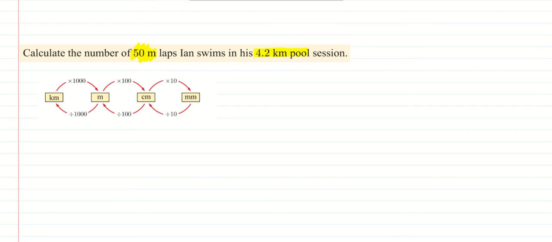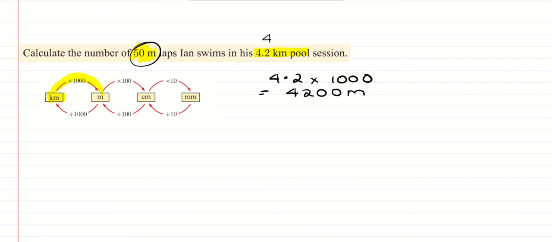So let's first of all convert 4.2 kilometres into metres by timesing by 1,000. Ten, 100, 1,000 is 4,200 metres.